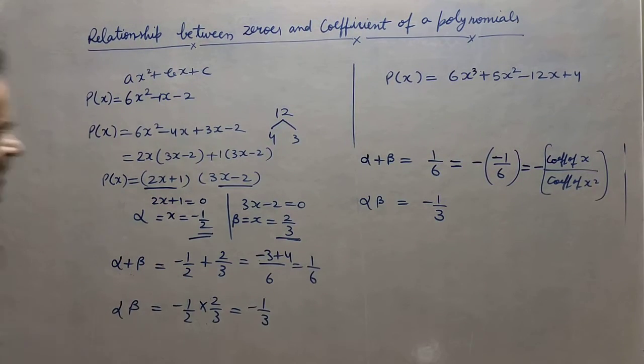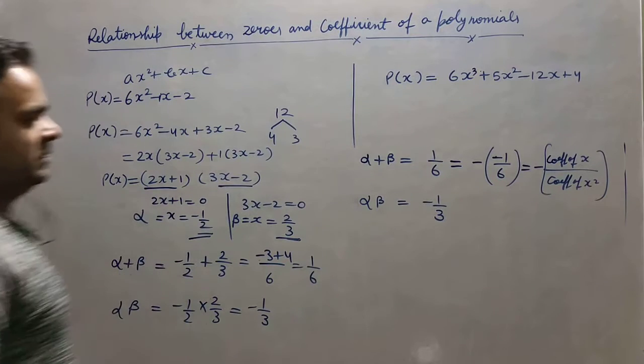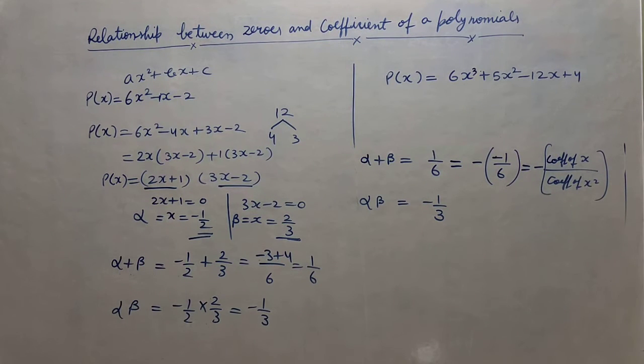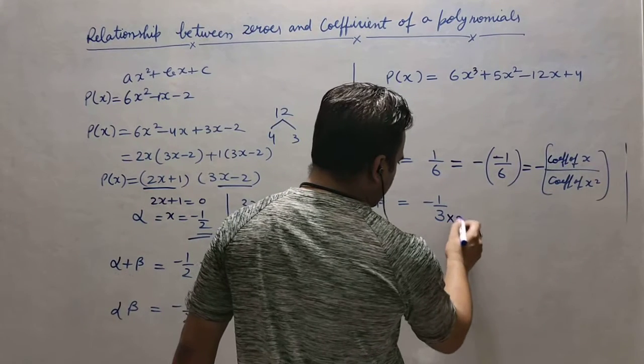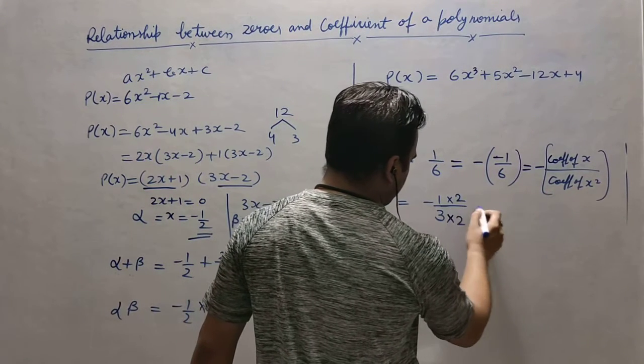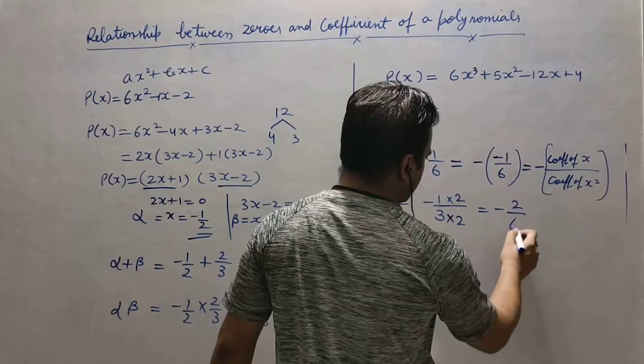Now the second case: there is no 3 here, so how can we connect it with this? But yes, this 3 can be converted into 2, so we multiply by 2 here. So minus 2 upon 6.